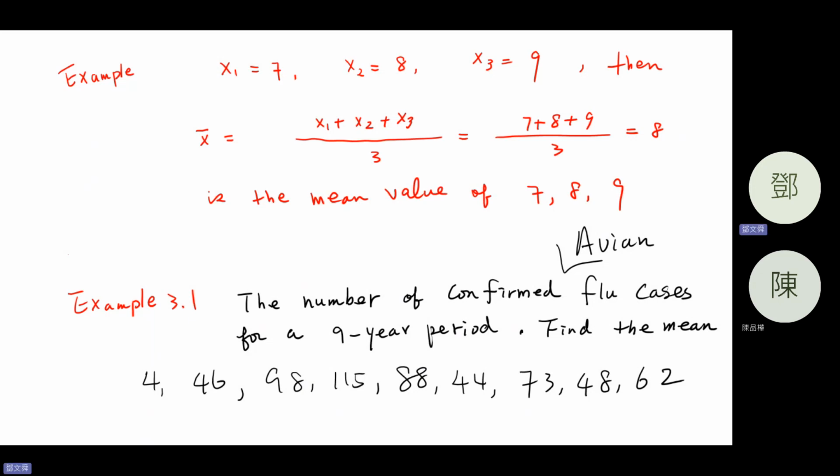The first example is my personal example. x1 equals 7, x2 equals 8, and x3 equals 9. Then x bar, x1 plus x2 plus x3 divided by 3, which is 8, is the mean value of 7, 8, 9.